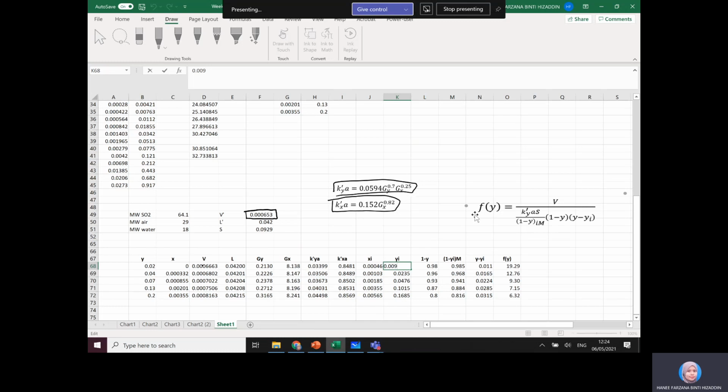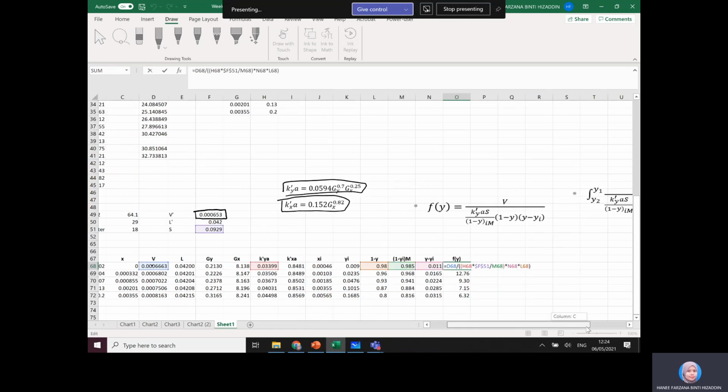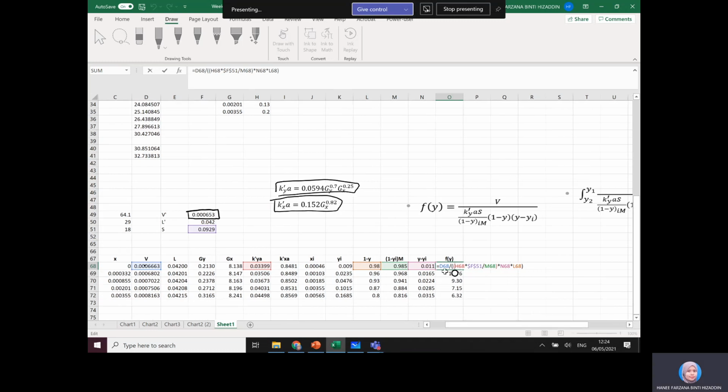So your Fy is V divided by Kya times S. Just follow this. You just copy at each point what would be your Fy. You can see from my formula there. So the V is this, V divided by KyaS.